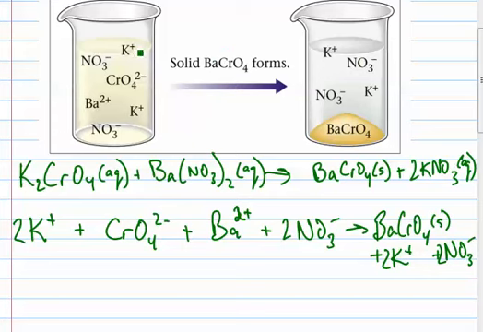So the potassium ions were part of potassium chromate. So as a solid, it's a neutral compound, but when we dissolve it, these ions separate. Now, because the ions are present in the beginning and in the end, they're not actually taking any active role in the reaction itself. And again, we call these spectators. They're just hanging around to watch.